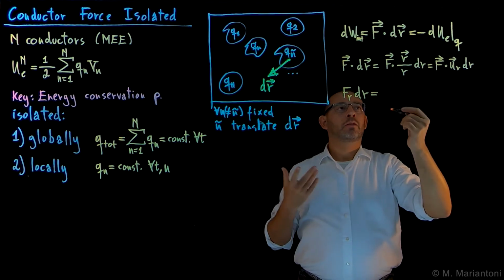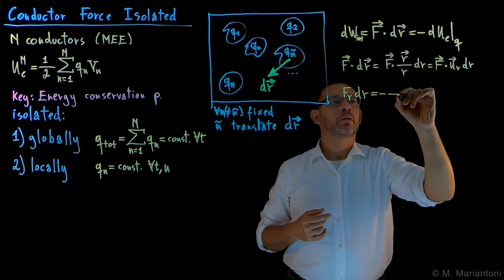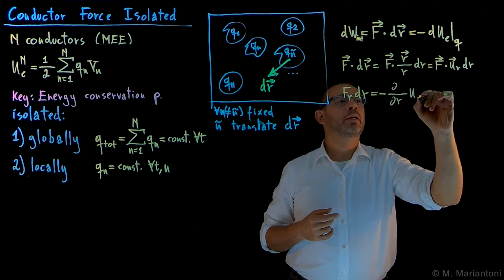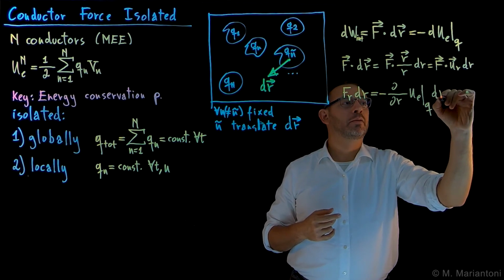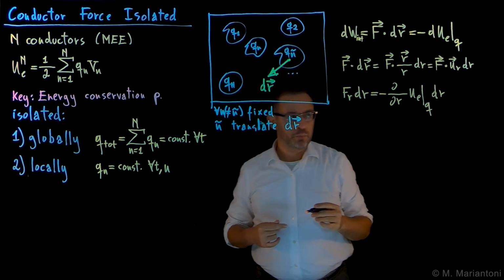has to be equal to minus the partial derivative with respect to r of UE at Q equal constant, times dr. This is my dUE total differential theorem.